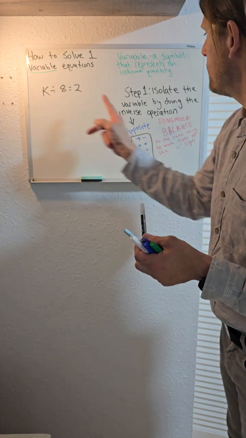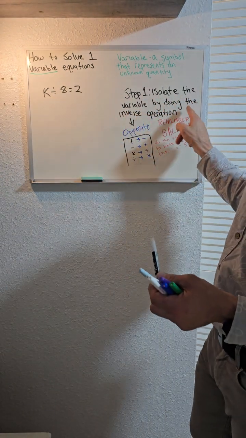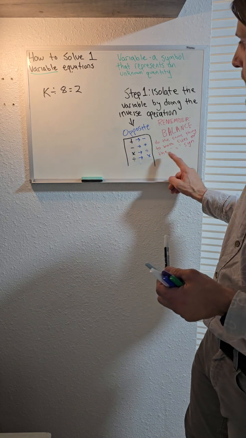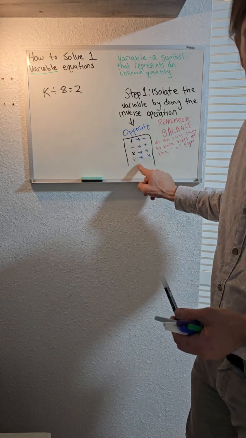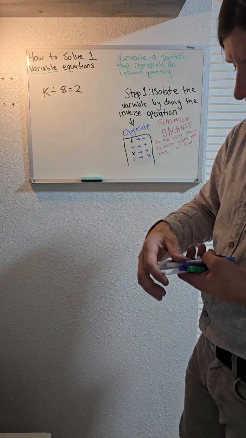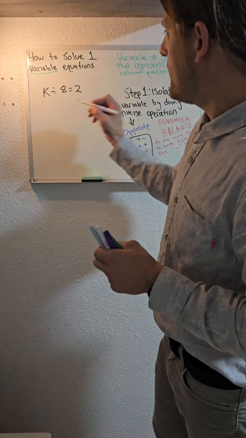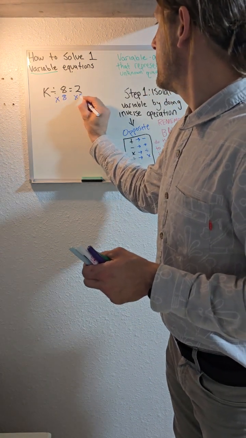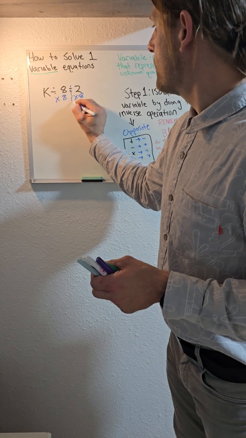Still isolate the variable by doing the inverse operation. Do the same thing to both sides of the equal sign. And here's a table stating what our opposites are. Dividing by 8, the opposite of that would be to times by 8. We must do it to both sides of the equal sign.